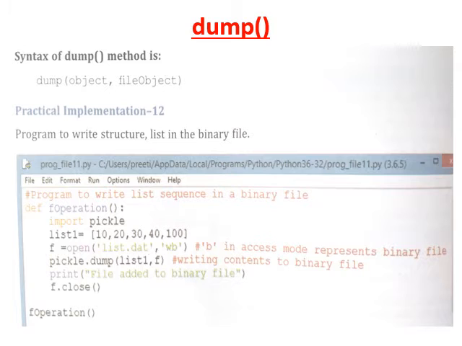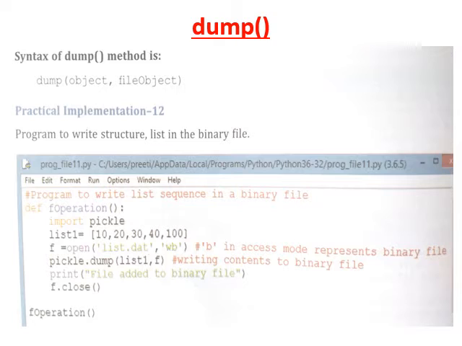So now let us see the syntax of dump method or a dump function. We write dump and two parameters are used in this function. First one is the object and another is the file object. That means object means what data you want to write, and file object is actually the file handler with the help of which we would be writing data onto the file.